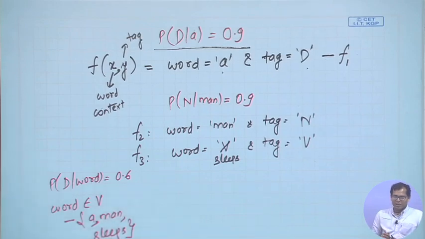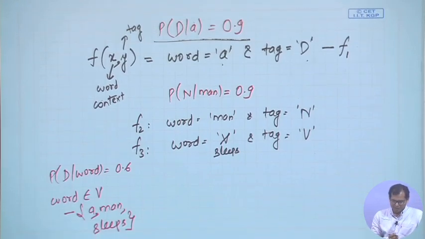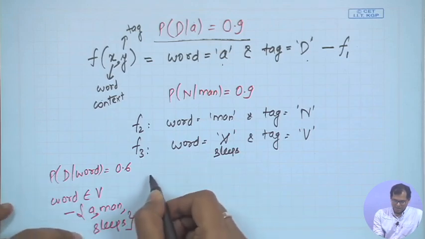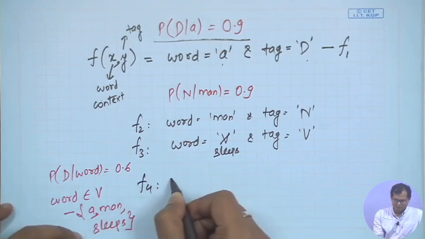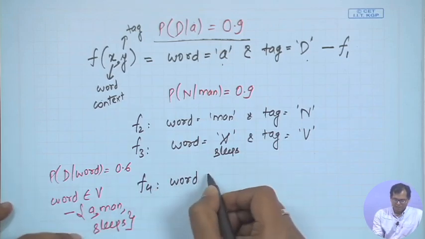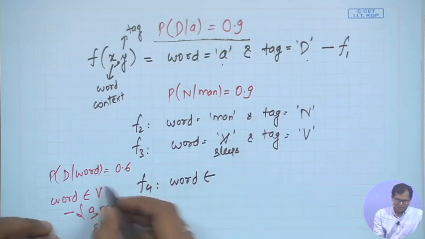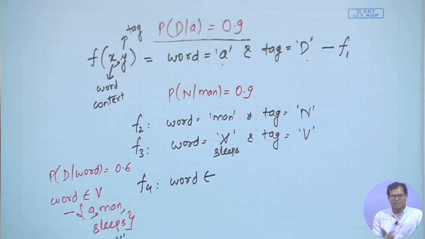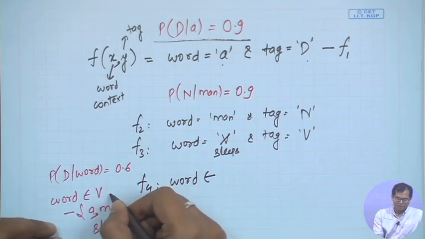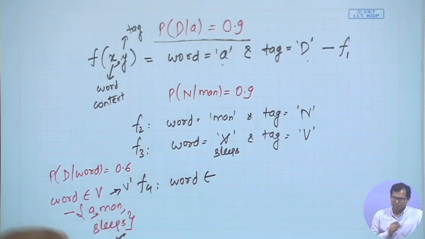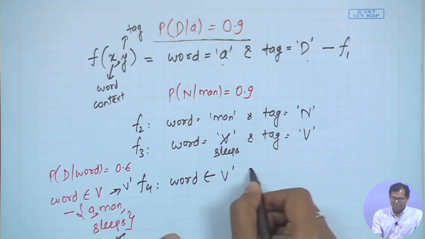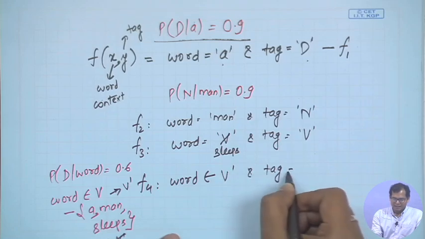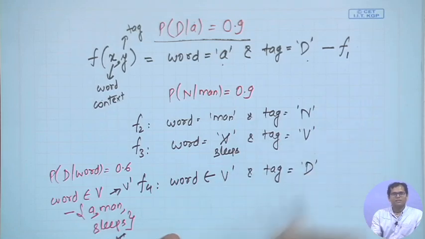Okay, for any word other than A, man and sleeps. So what would your feature be? Again you will have a similar feature, F4, word is in, let me call this V prime, V minus A, man, sleeps. Let me call it V prime. Okay, this is my V prime. So word is in V prime and tag is equal to D.